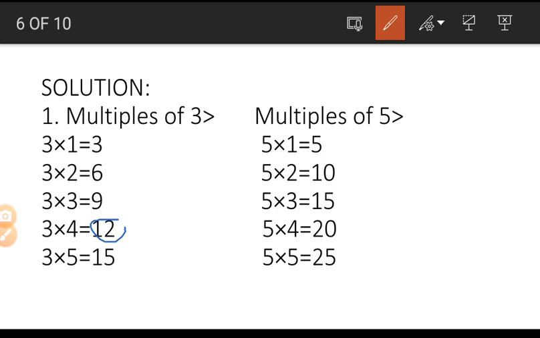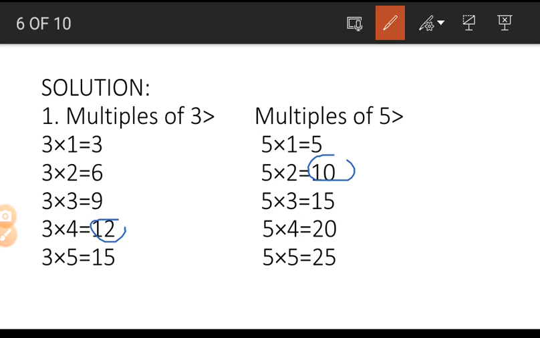Now let's look at multiples of 5. Similarly, we multiply by 1, 2, 3, 4, and 5. The first one is 5 times 1 is 5. 5 times 2 is 10. 5 times 3 is 15. 5 times 4 is 20. 5 times 5 is 25.